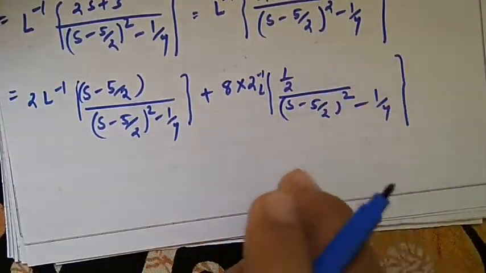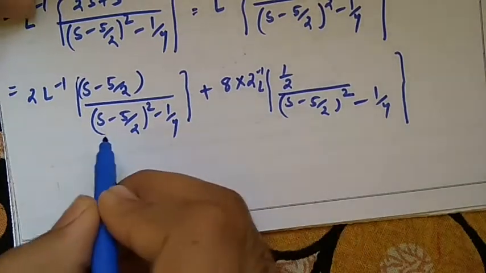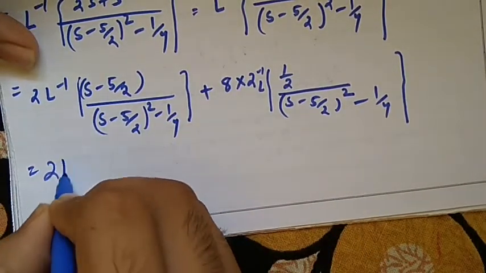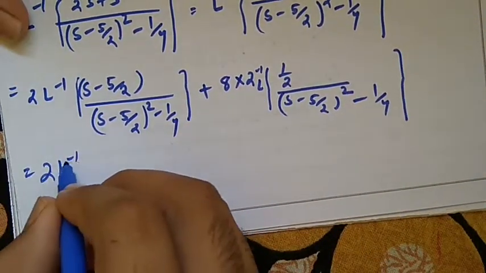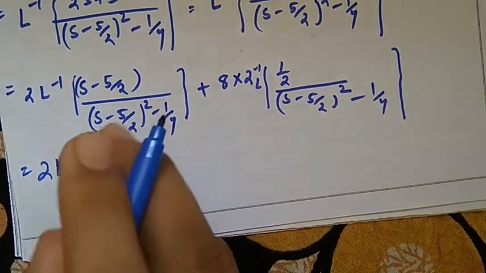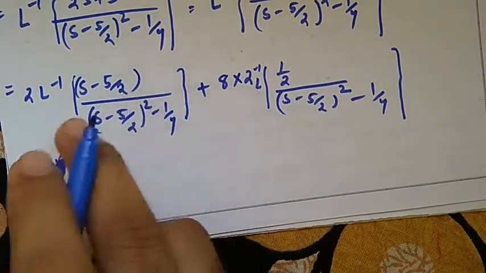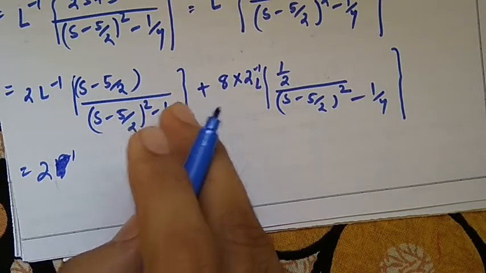Very simple. Now look here, this will appear as (s minus 5 by 2) by (s minus 5 by 2) whole square minus 1 by 4.